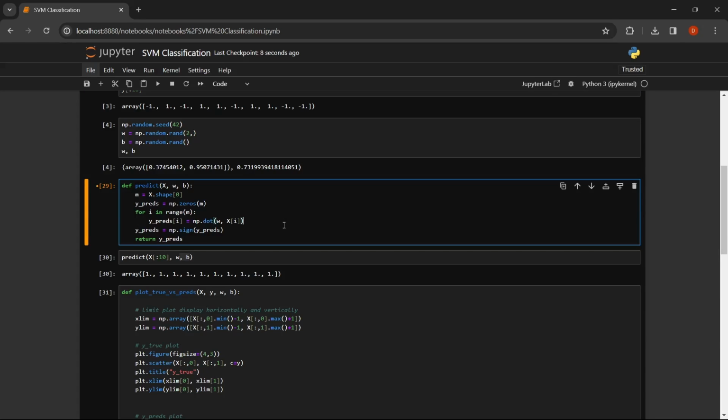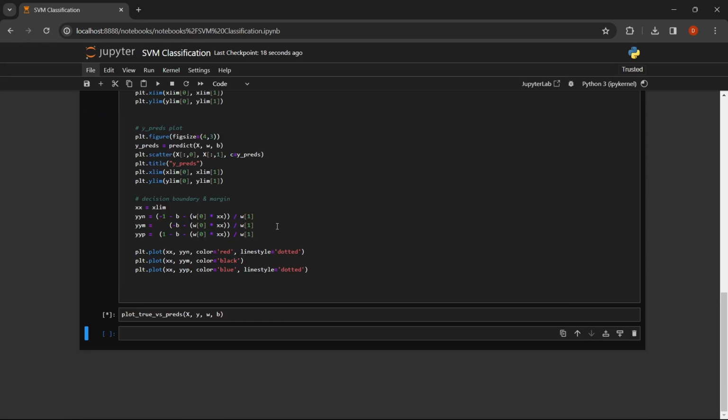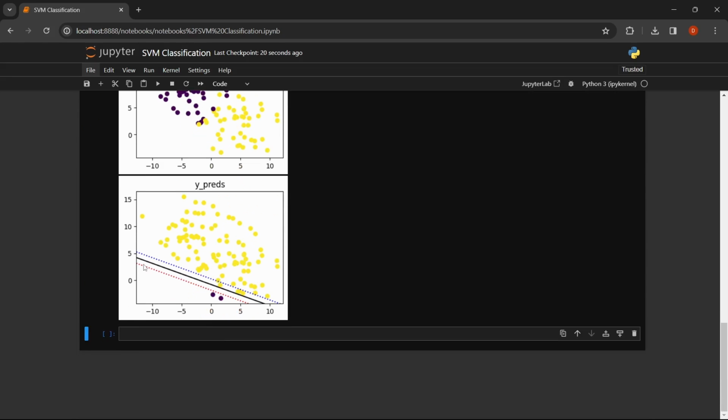And it looks like at some point I accidentally removed this +b, which is necessary in the prediction function. So I'll make an edit to that earlier in the video, but let's go ahead and run this now. And as we can see, we have this clear decision boundary cutting through our data, where the +1 values, signified by this blue dotted line, represent the +1, or in our context earlier, the passing grades.